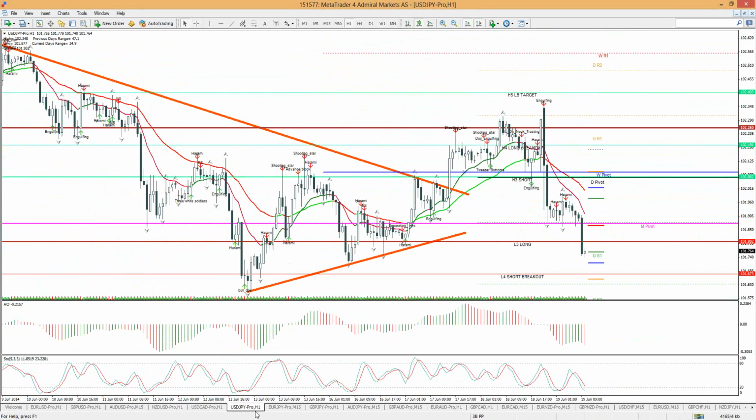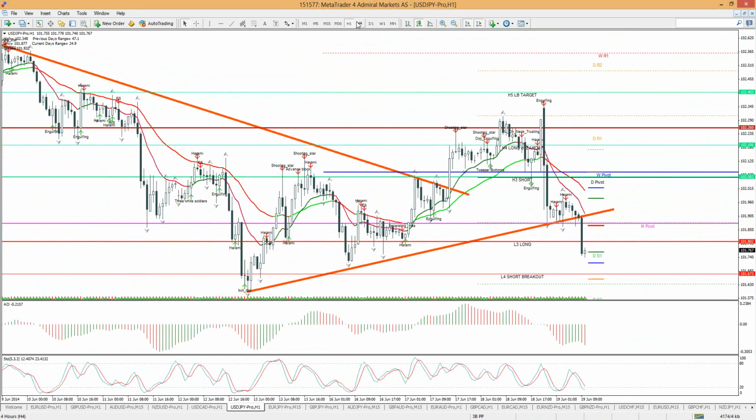Dollar yen is breaking to the downside, actually. So we've got good momentum. Maybe a bit surprising we didn't get a bounce here, but the momentum is pushing it lower and lower, and we've got all the pivots above us now.